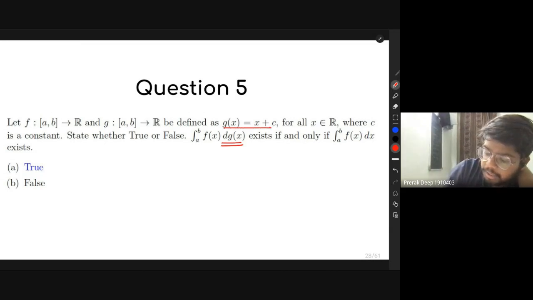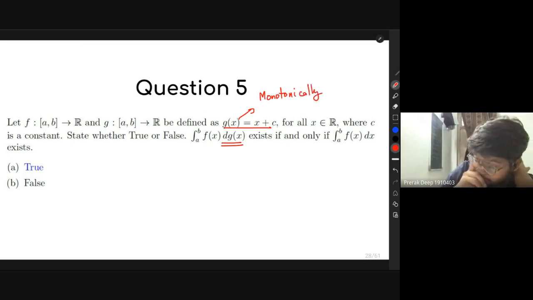So this function is in particular part of a more general class which is known as monotonically increasing function.